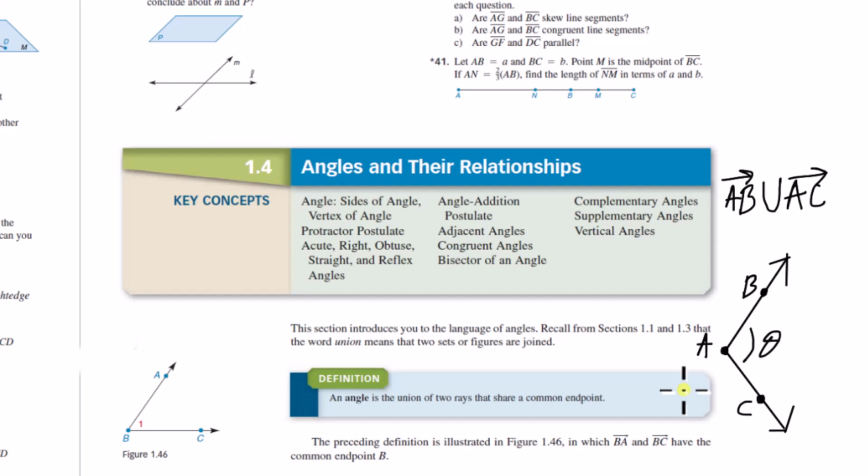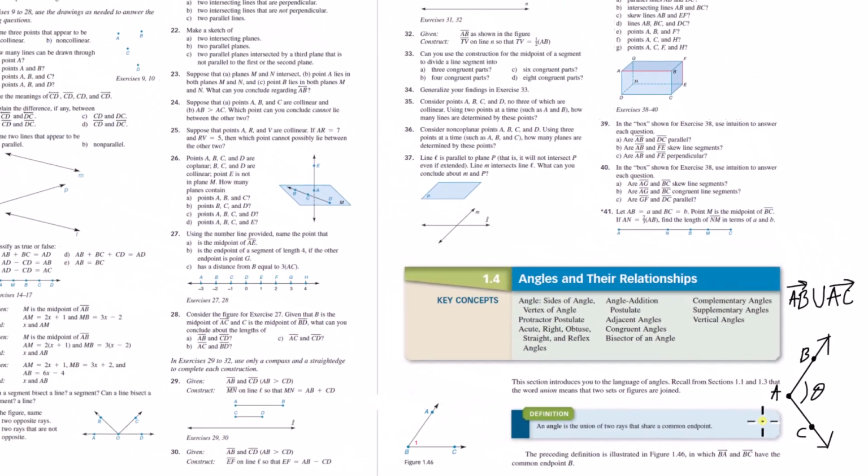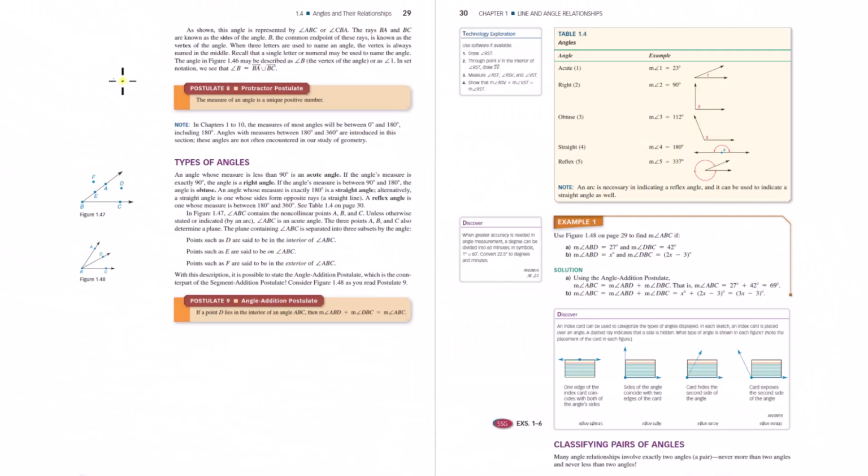Now let's compare that to how we looked at angles informally in previous videos. I personally like the informal definition because I'm coming from the perspective of a non-math major, like an engineer, or anything that's just applied math.